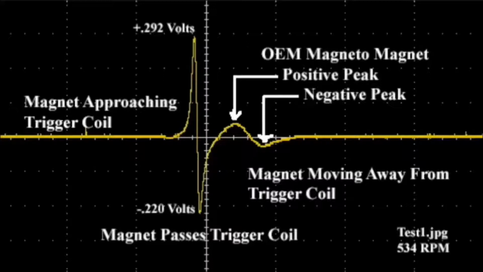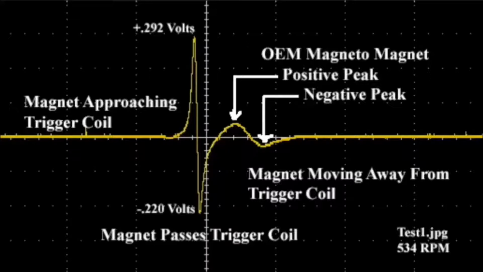And as the magnet moves to the right, it's approaching the trigger coil. And as the magnet gets about 22 degrees away, the trigger coil begins to sense its presence and its motion, and it begins to generate a voltage which creates the positive pulse for the ignition.